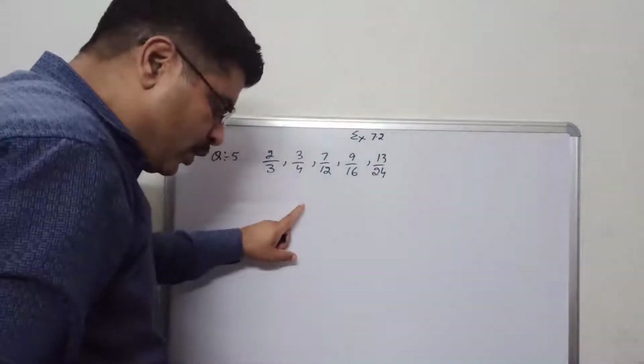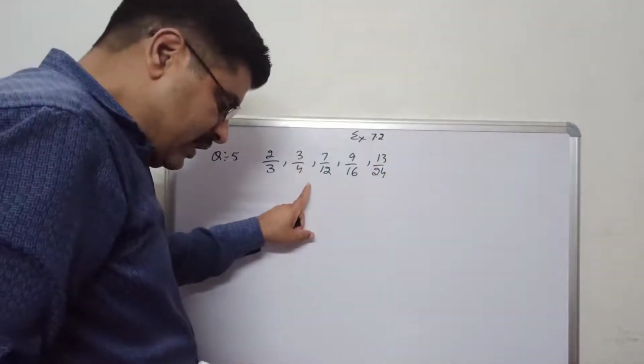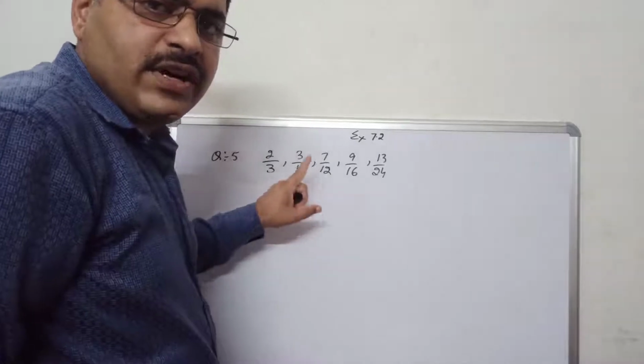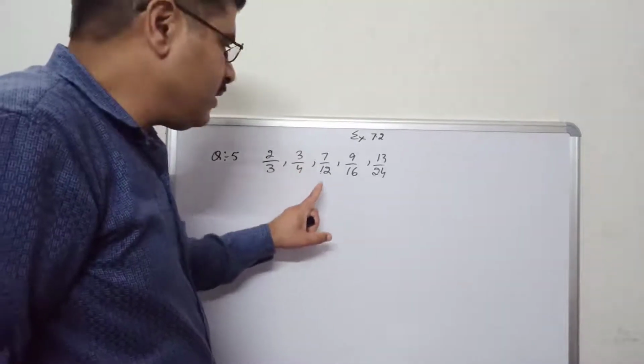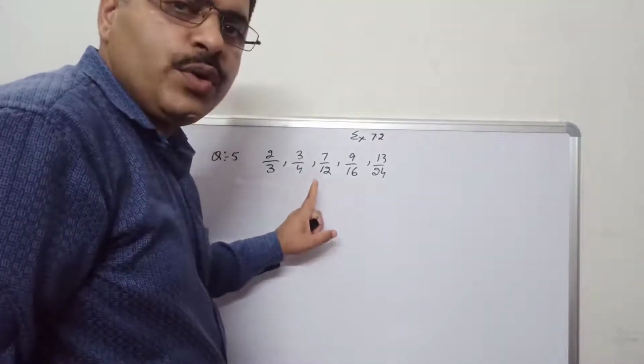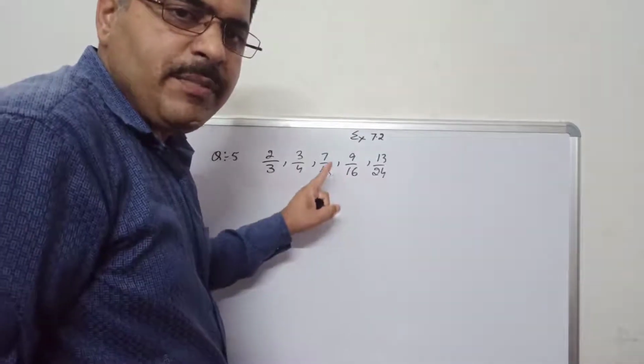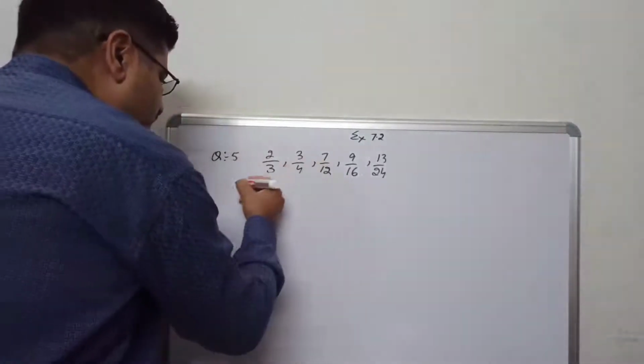Now to convert these into like fractions, what do we have to do? We will convert these into equivalent fractions, means we will make the denominators the same. How can we? By taking LCM.